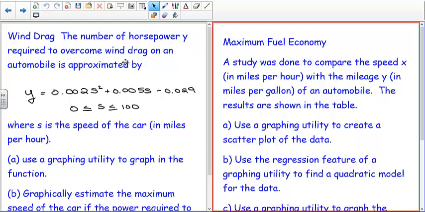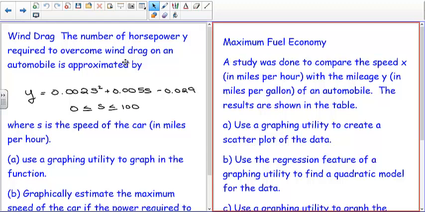Okay, and the final two problems are word problems. The first one: the number of horsepower y required to overcome wind drag on an automobile is approximated by this function, y equals 0.002 s squared plus 0.005 s minus 0.029, and this equation is good from 0 to 100, where s is the speed of the car.